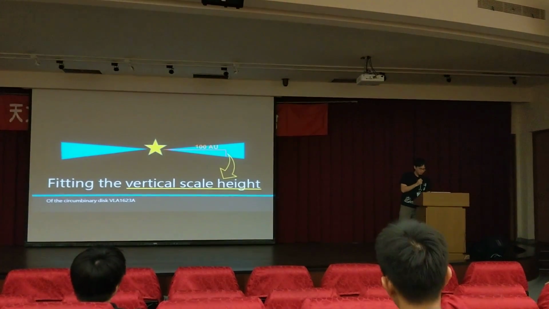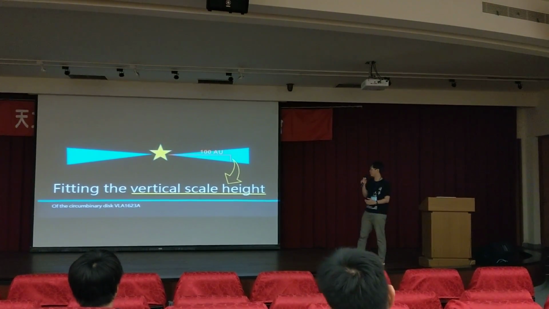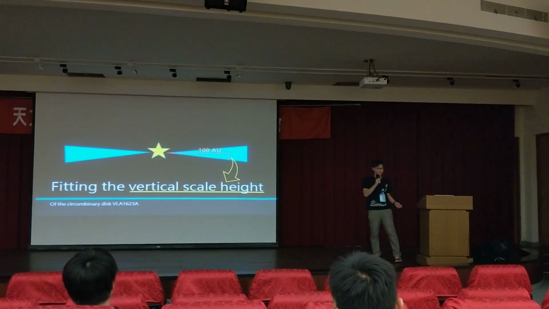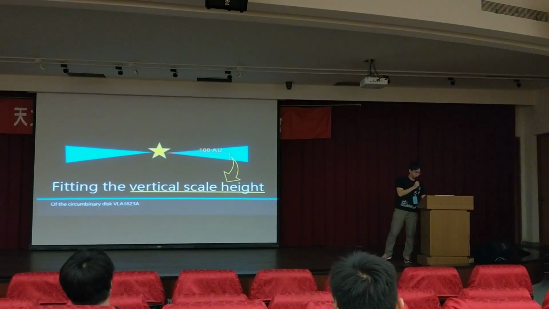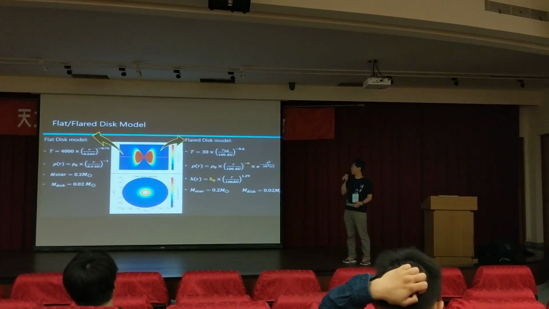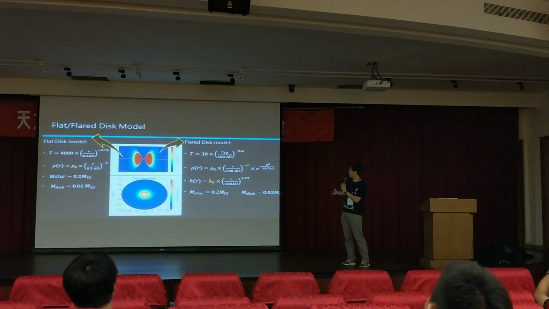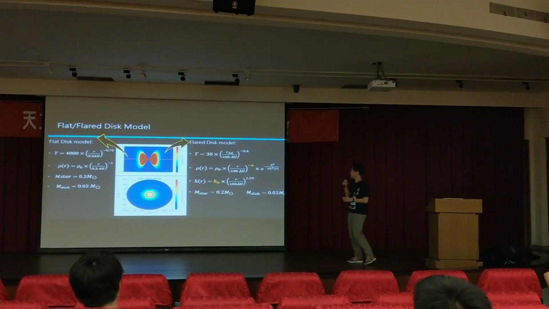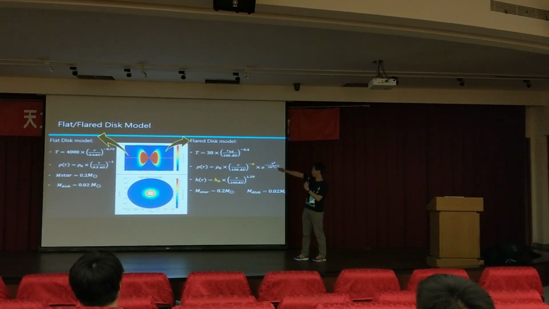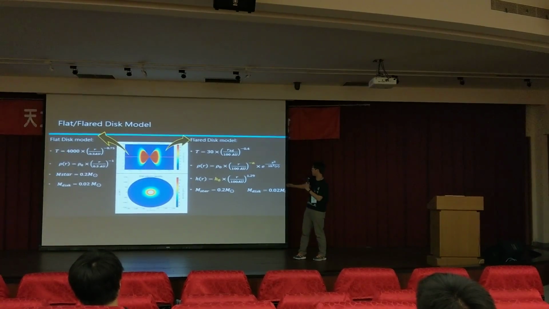My project is to try to fit the vertical scale height of the circumbinary disk of VOA 1623A. So I developed both a flat disk model and a flared disk model. This is just a cartoon of the edge-on view. You can see the flared disk is 3D, and the flat disk is just 2D.